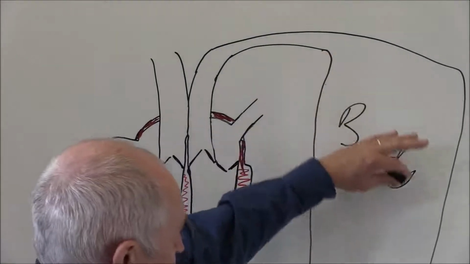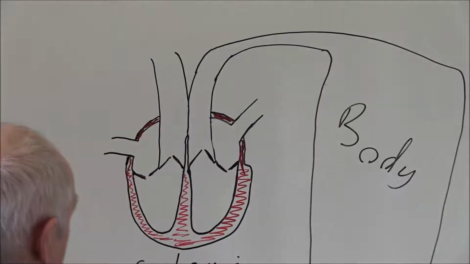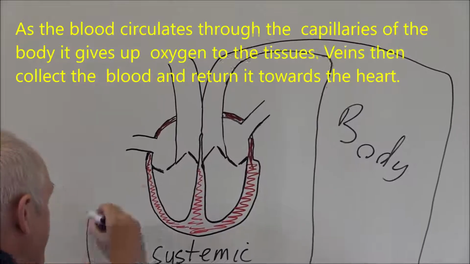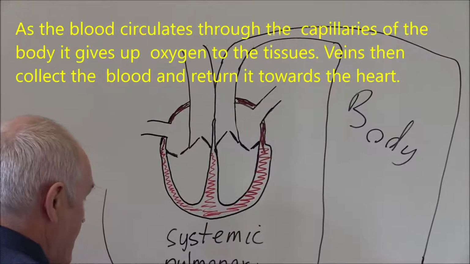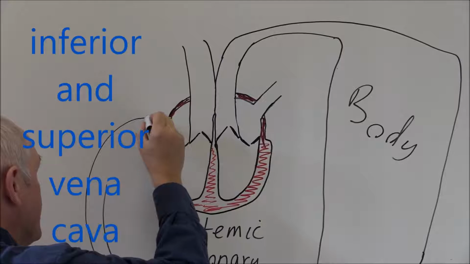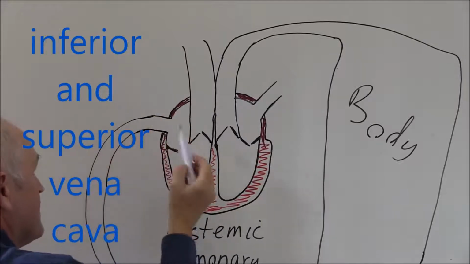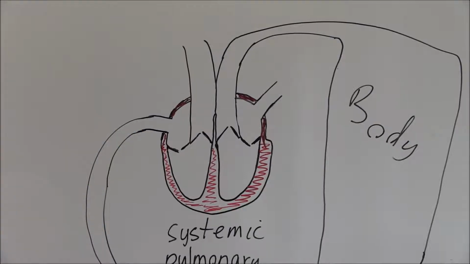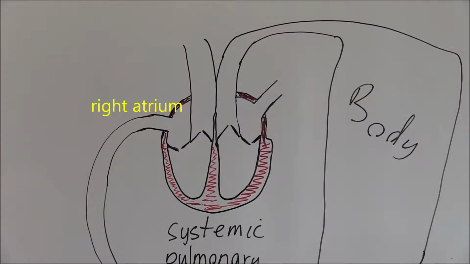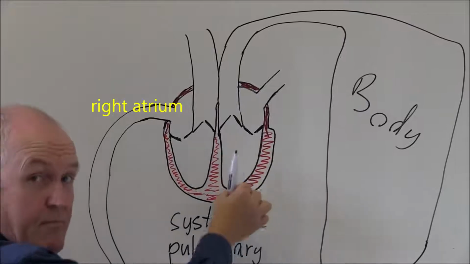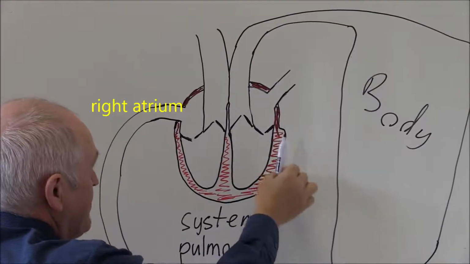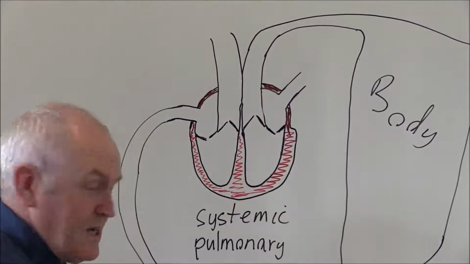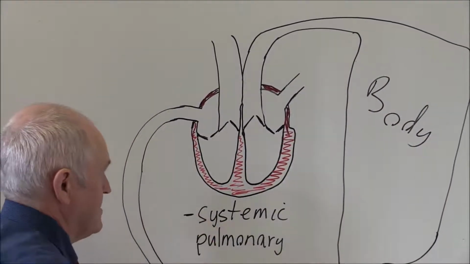And once the blood has circulated through the body, it's going to return via the inferior and superior vena cava, draining back into the chamber there, which is the right atrium. So the left side of the pump, or the heart acting as a pump, the left side is the body pump, pumping blood to the body into the systemic circulation.